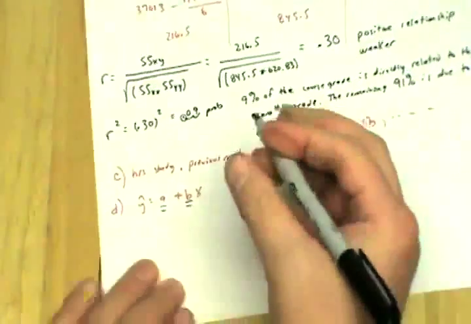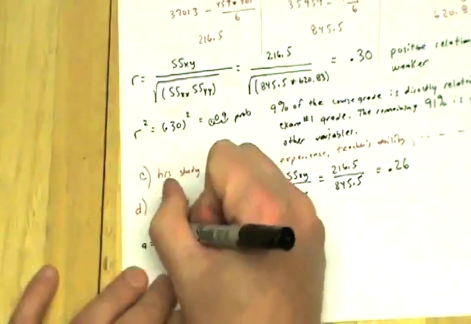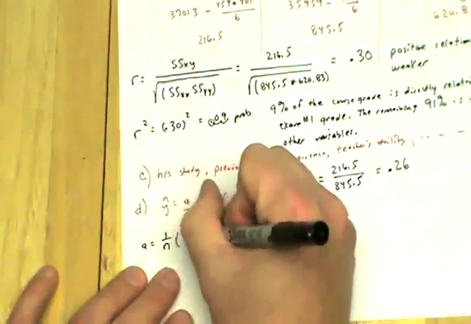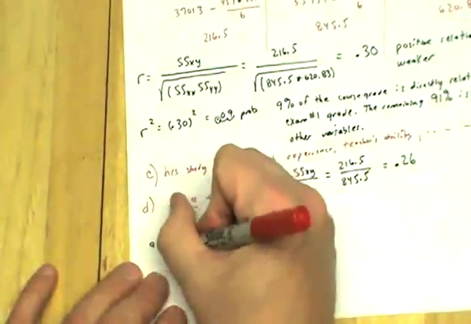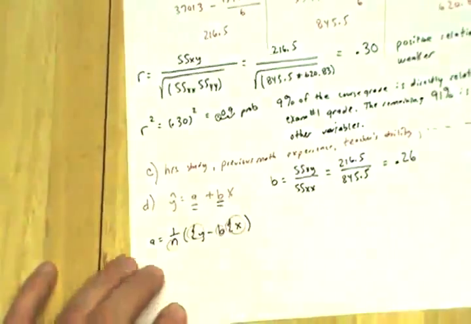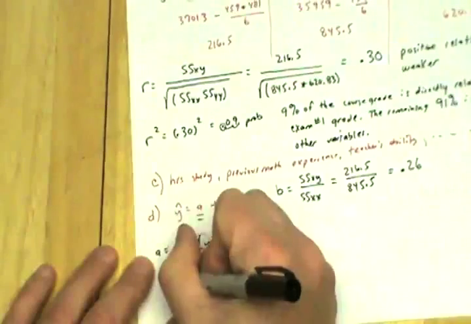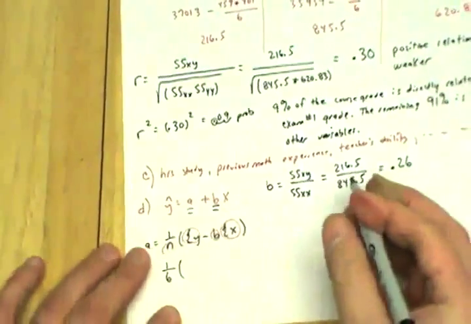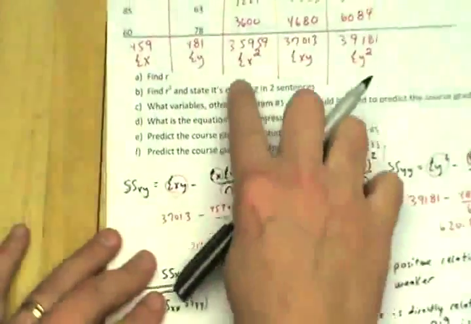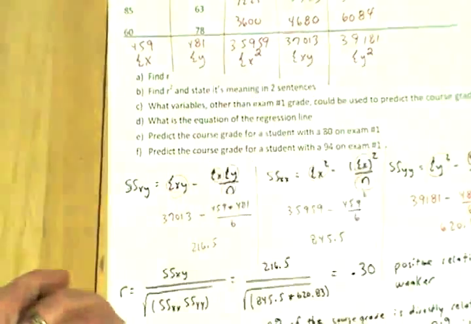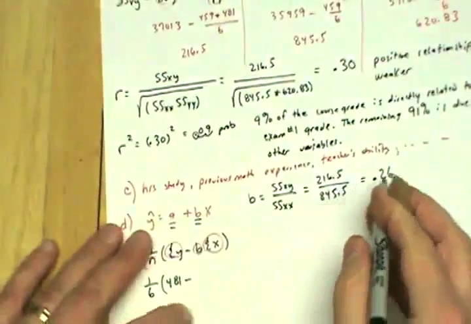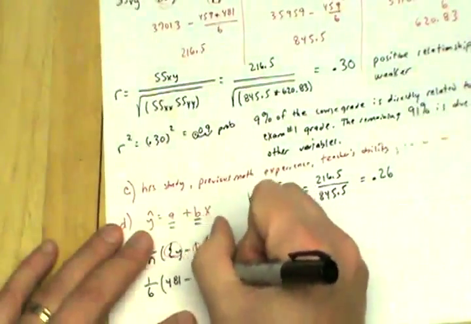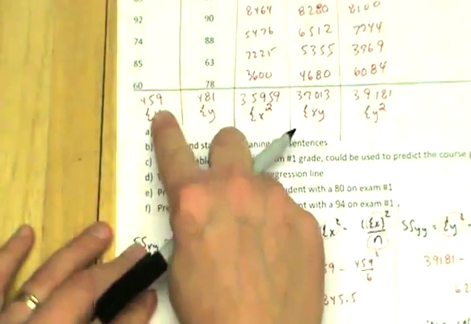Our A, go over here. Our A is 1 over n, summation of y minus b times summation of x. So we have to fill in for the n, the y, the b, and the summation of x. Got it. So n in this question is 6. Summation of y we found earlier to be 481, minus b we just found to be 0.26, times the summation of x, which we found to be 459.